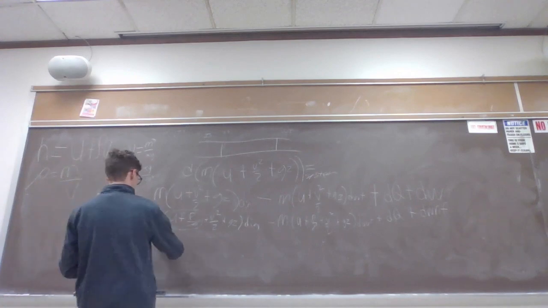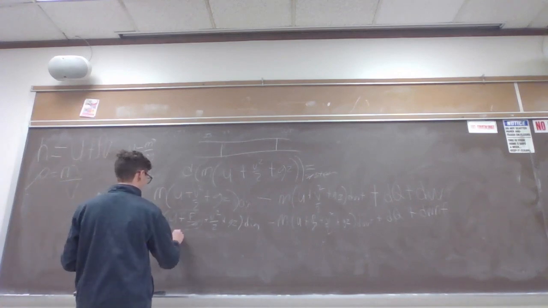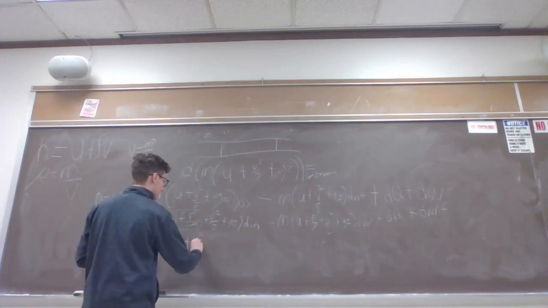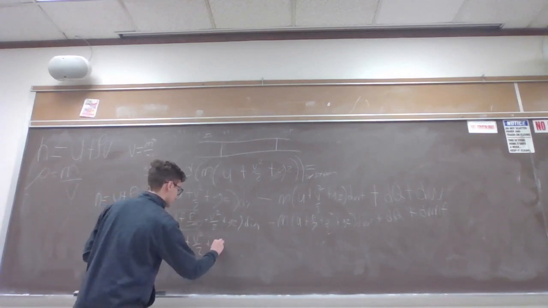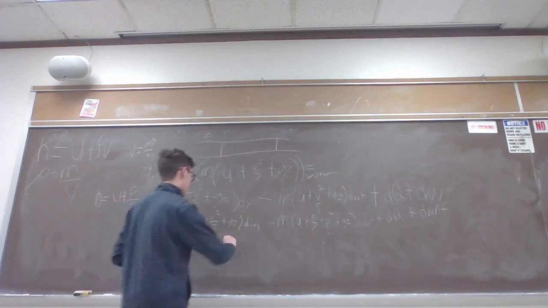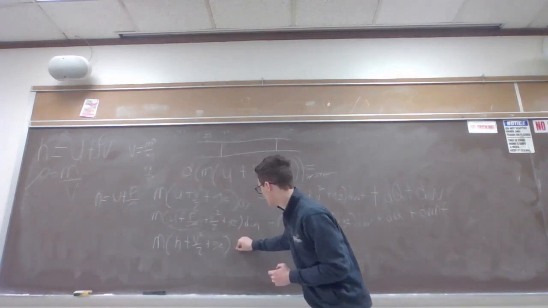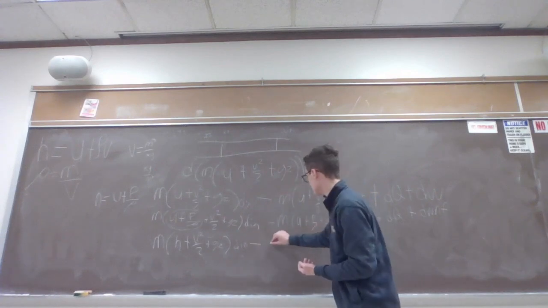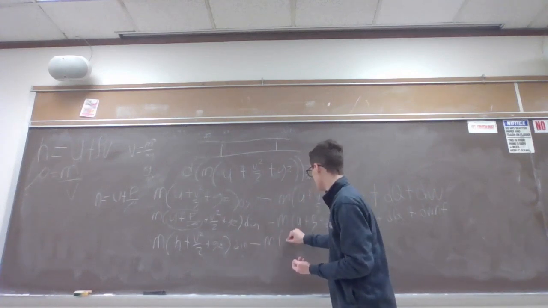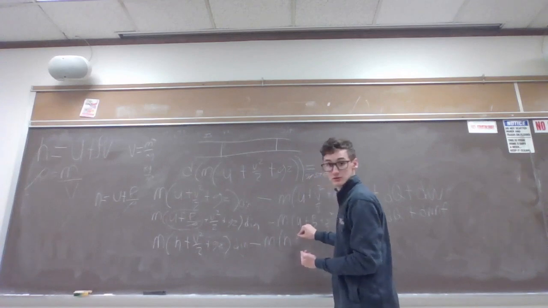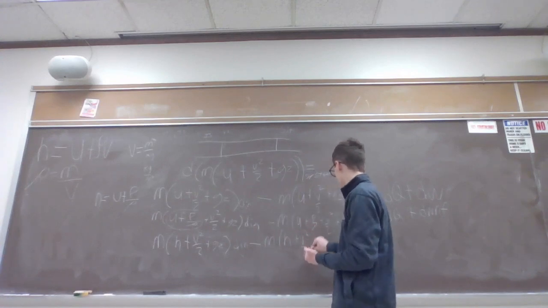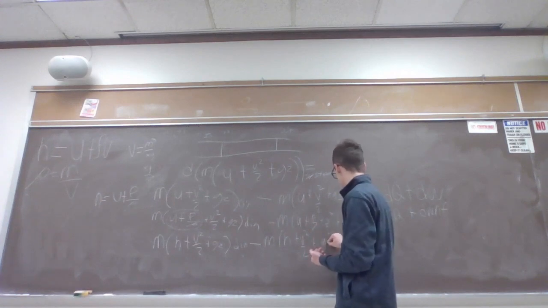So we would then get M of H, enthalpy, plus kinetic energy plus potential energy. And again, I want to specify this as dN. Then we are going to subtract, like we've done before, mass multiplied by H plus V squared over 2 plus GZ.